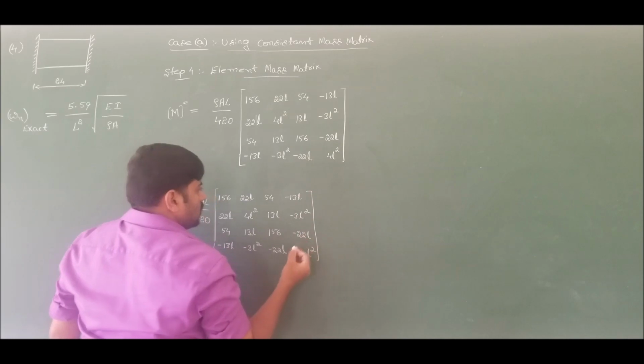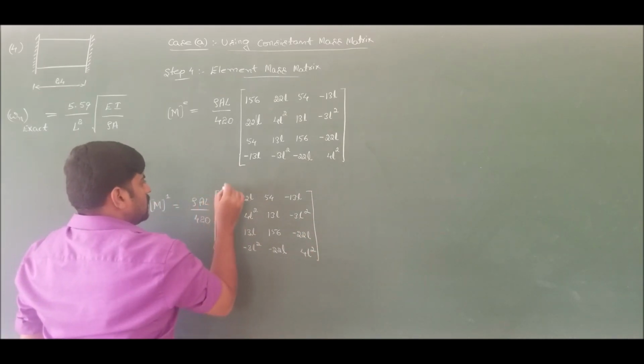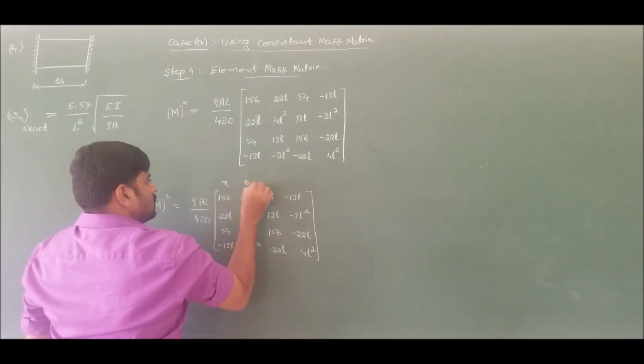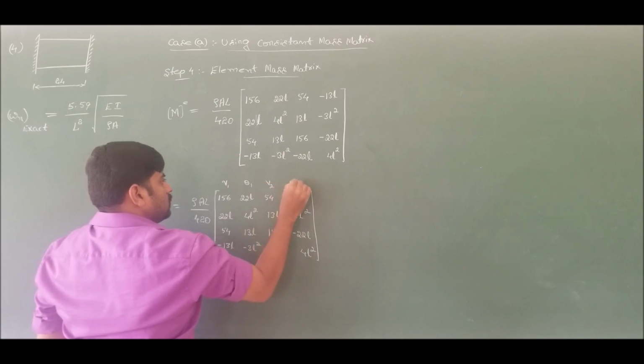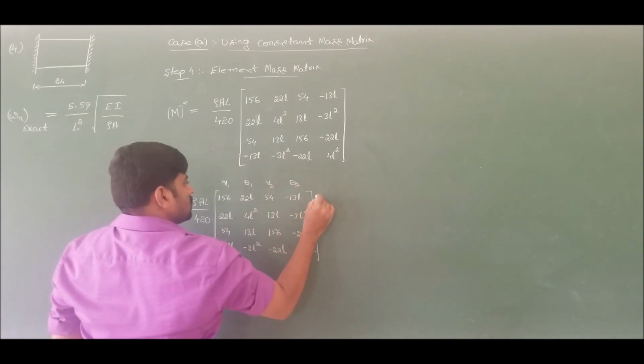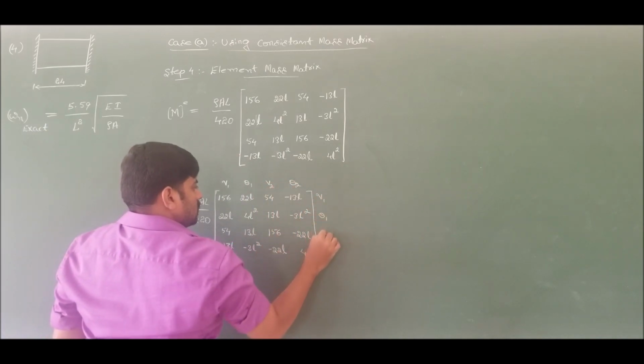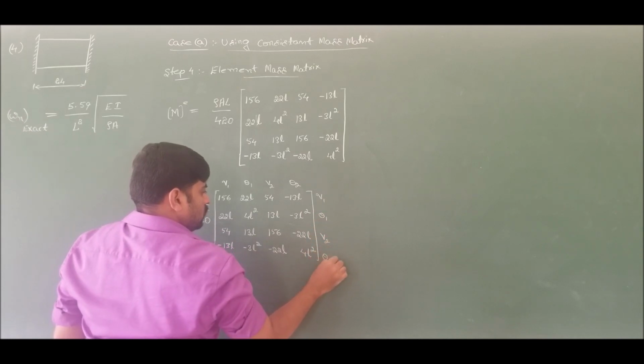Whereas the nodal variables for element 1 are V1 theta 1, V2 theta 2, V1 theta 1, V2 theta 2.